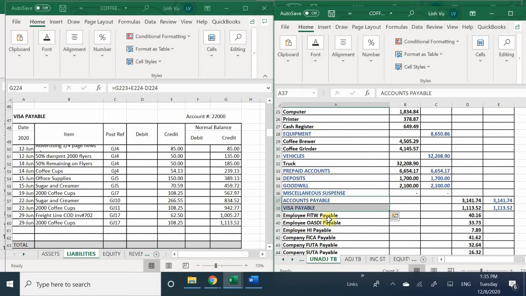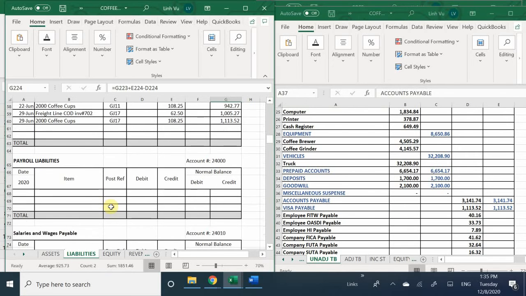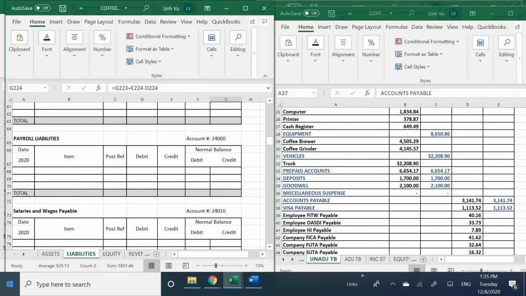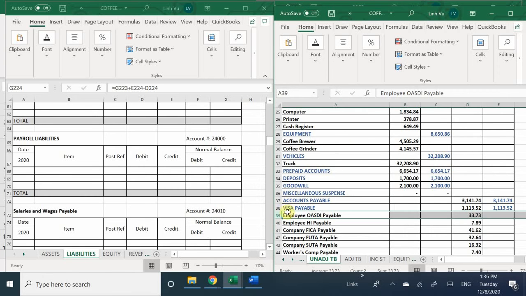Boom. Okay, so the next account is going to be my payroll liability. This one's going to include all of my employees' payables, all my company payables. So I'm going to go ahead and create a main account here, right above.